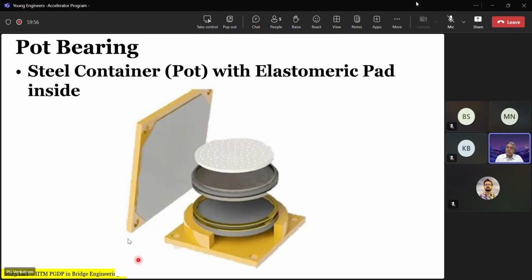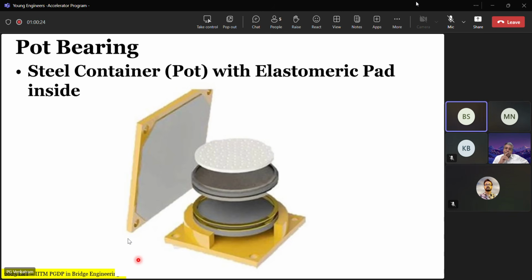There is a pure elastomeric bearing which I showed in the first photograph, and in the pot and PTFE also there is an elastomeric disc. Between this elastomeric disc and that elastomer for the elastomeric bearing, is there a difference in behavior? Structural behavior. We are not talking about anything else. Movement is a different issue. As I told you, that is not handled in the elastomeric disc. So is there any behavioral difference?